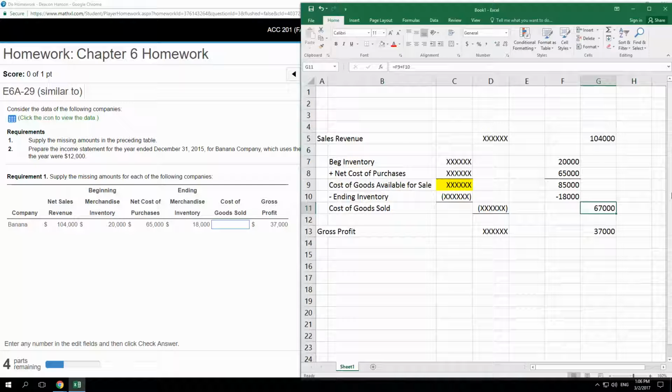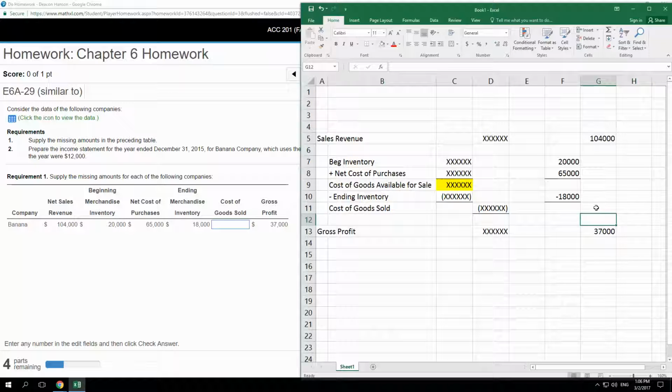Okay. There was a quicker way to do it, right? Let's undo that, and we'll do it the quicker way. Well, I know that my sales revenue minus my cost of goods sold will give me my gross profit. Okay. So technically you could move that around. You could say sales revenue minus gross profit should give me cost of goods sold.